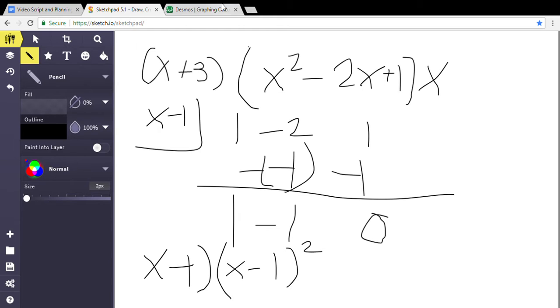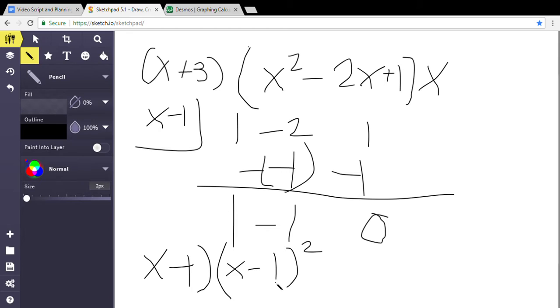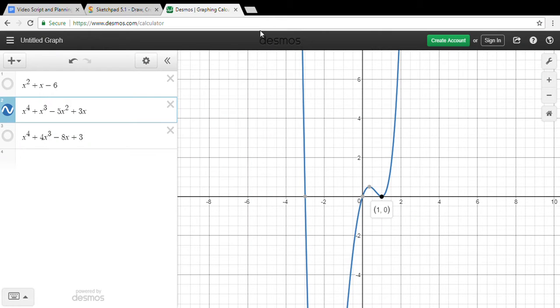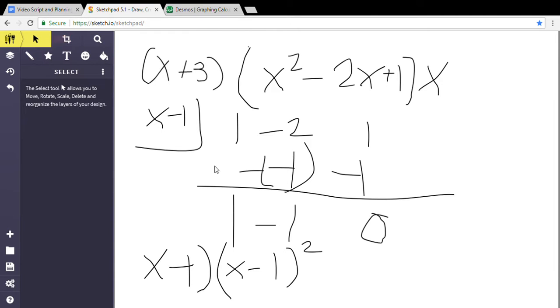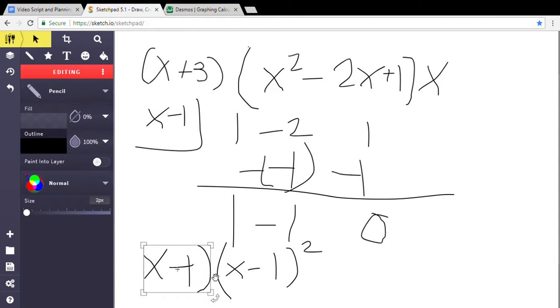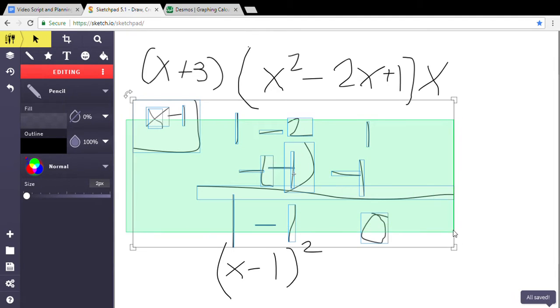And this is why it appears as only 1 0 on the graph, because it is really shown as 1 0, but only once, even though it is shown as 2 separate factored zeros. This is called multiplicity, which is however many times a 0 occurs in a particular equation.